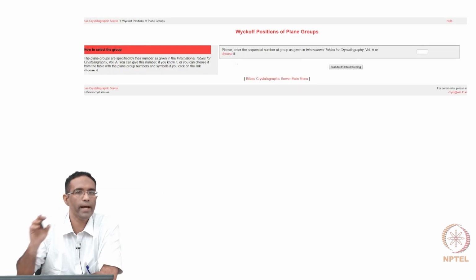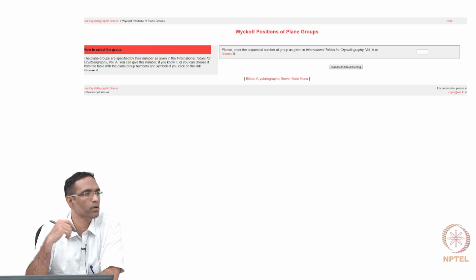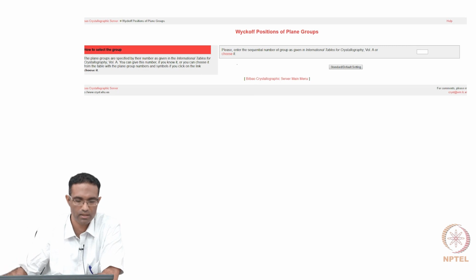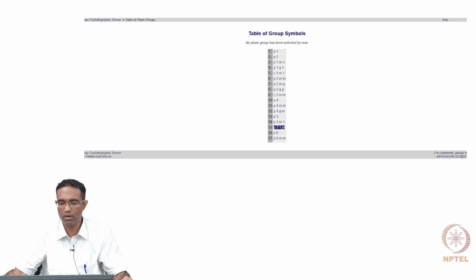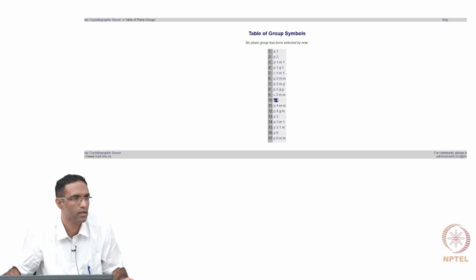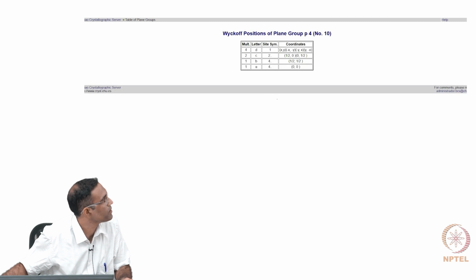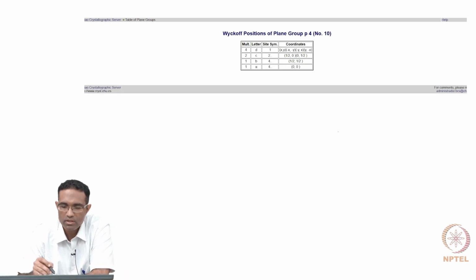If you want to look at any one particular plane group and understand what the various Wyckoff positions possible for that plane group are, then you go to the website in the same manner that I just did, okay, and then you choose the plane group for which you want to look at the Wyckoff positions, and the one that we were looking at is this P4, right? We looked at P4, so I am clicking on it and you get a nice table, okay, and they tell you several things here, right?